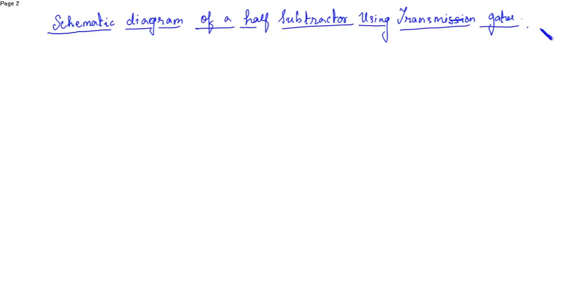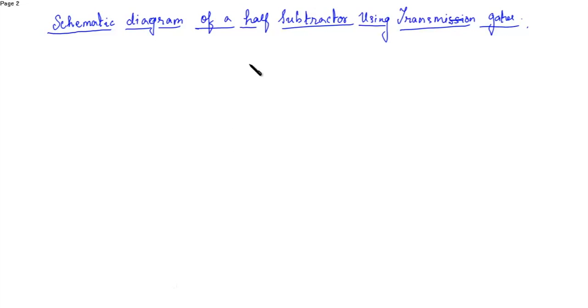We know very well that there are two inputs and two outputs. One of the outputs is the difference, which is A XOR B, and we already know how to draw the schematic using the transmission gates for an XOR gate.